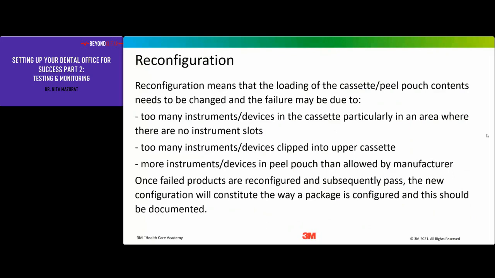You have to document that so that it's used throughout, so that everyone is trained in a standardized way in your office as to how the instruments are laid out in the cassettes and how the peel pouches are filled.